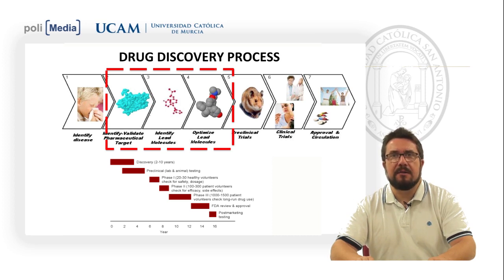There are three stages: validation of a pharmaceutical target, then identification of lead molecules, and finally optimization of this molecule on the evolution to a drug, in which we can help this project using computational methods. So the main idea of this seminar is to explain how computational chemistry can help in the acceleration of this project.